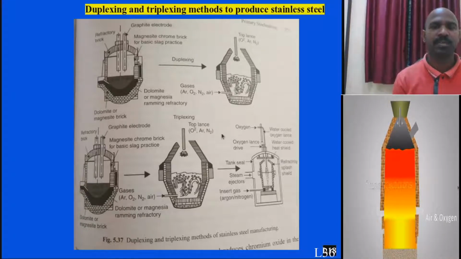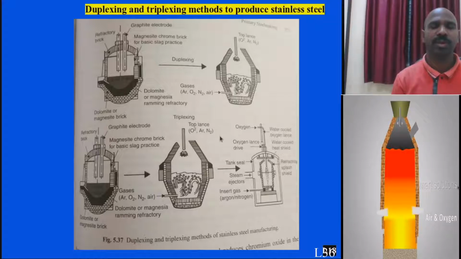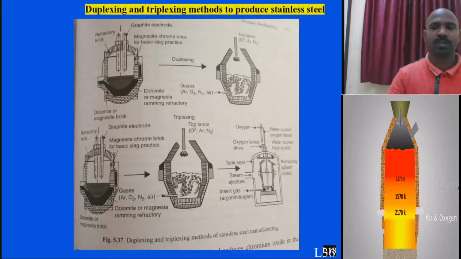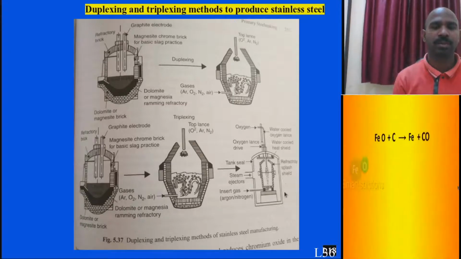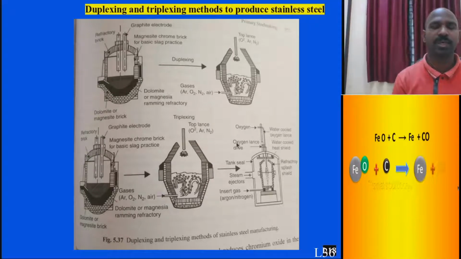Some amount of lime is also added, to maintain the slag basicity as well as retain the chromium in the molten metal, so that you get good quality stainless steel, and production of a variety of grades of stainless steel is possible. This particular vacuum method is included to produce austenitic grades of stainless steel, the 300 series, and that point also one needs to remember.